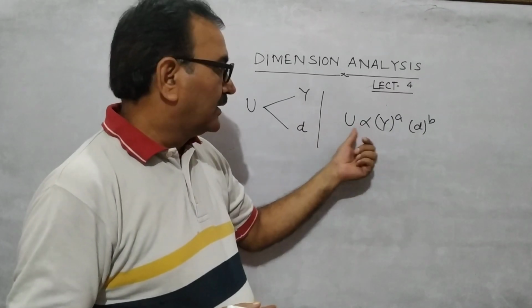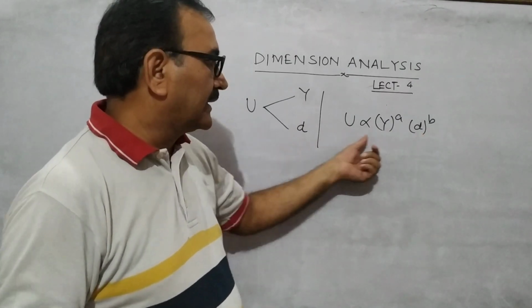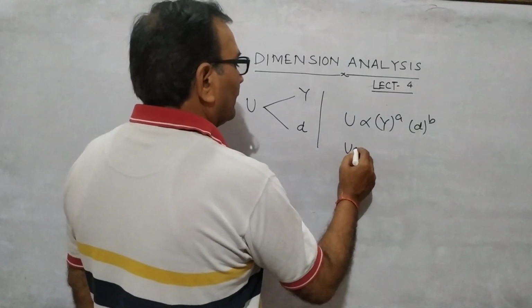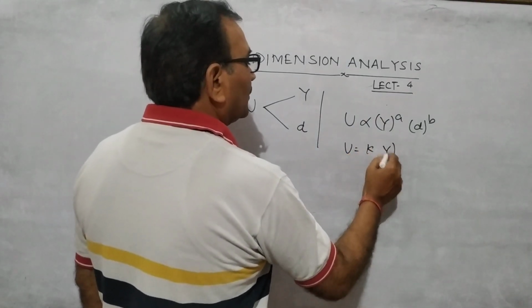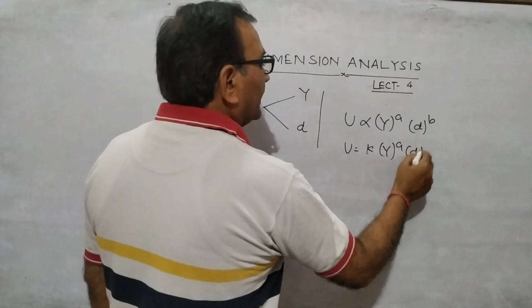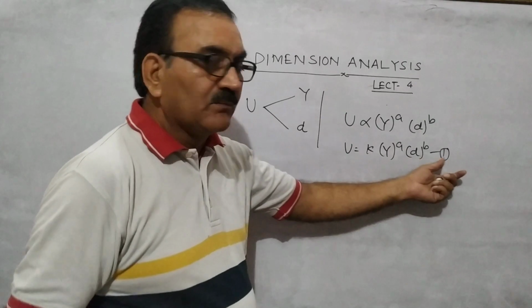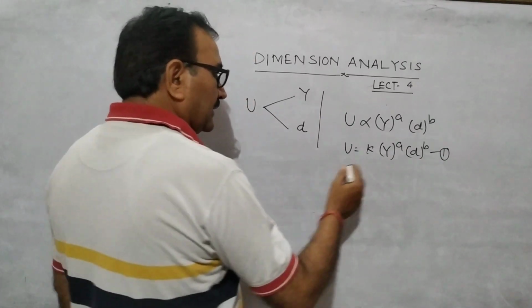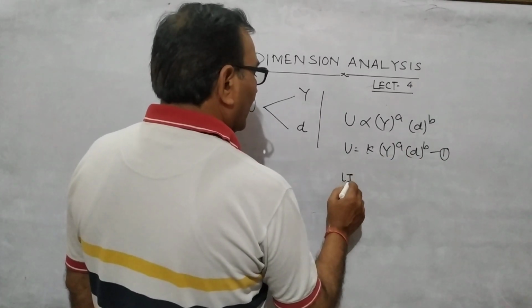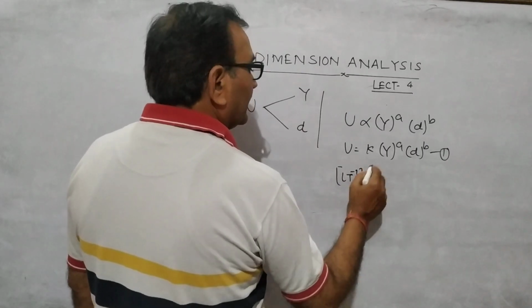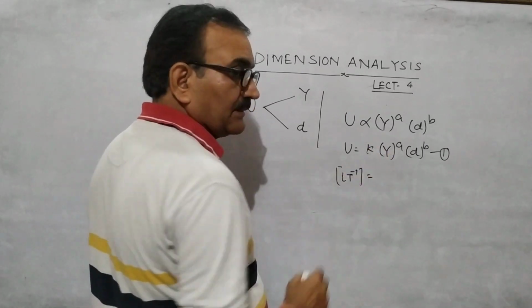Write this type of statement and then write this one. So you have V equals K Y to the power a D to the power b. This is equation number one. Now write the dimensions on both sides. You have L T to the power minus 1. Here K is the constant and this is Young's modulus.